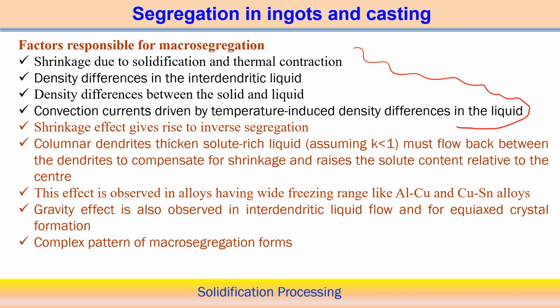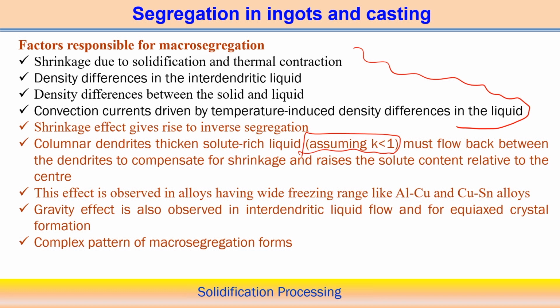Now, sometimes the shrinkage effect, when it occurs during solidification, creates a kind of inverse segregation. But columnar dendrites have already thickened in the solid rich liquid, assuming K less than 1, using the usual concentration versus temperature diagram.